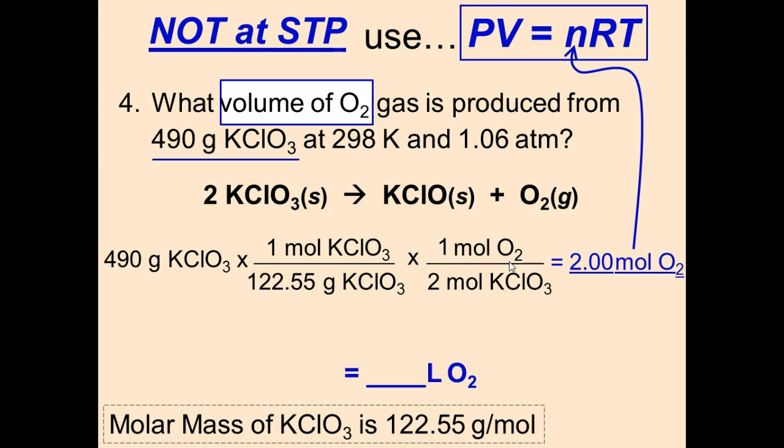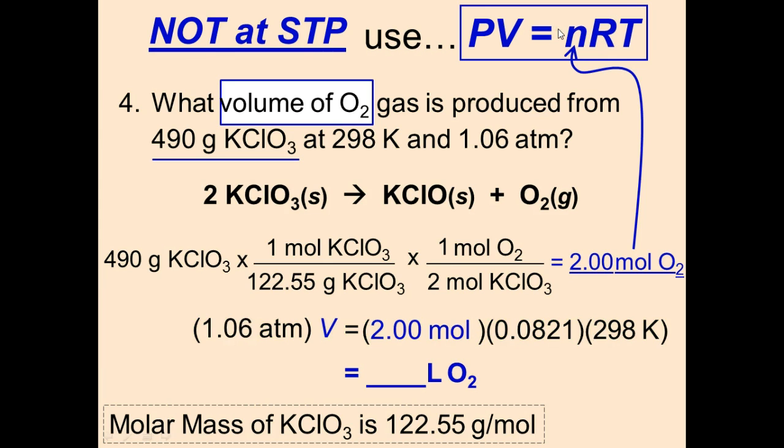And now we're ready for the second step, which is PV equals nRT. Now that we have moles, we know R is 0.0821, and we have temperature, which is given in the problem, 298 degrees Kelvin. Hey, no converting. And then 1.06 atm. We can solve for volume, so that's how you solve for volume if you do not have STP.